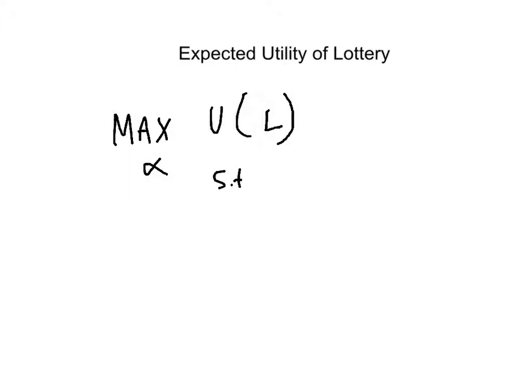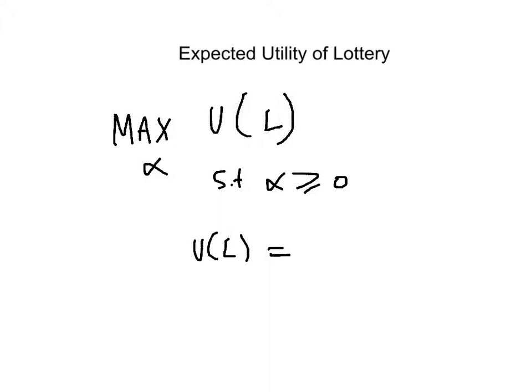such that the condition that we impose here is that alpha can be positive or equal to 0. So we allow for the possibility that it's actually equal to 0 because maybe insuring nothing is the optimal solution. Now, what is the utility of the lottery? Well, we have to apply expected utility theory, which tells us that the utility of the lottery is simply the utility of each outcome multiplied by the probability of that outcome.